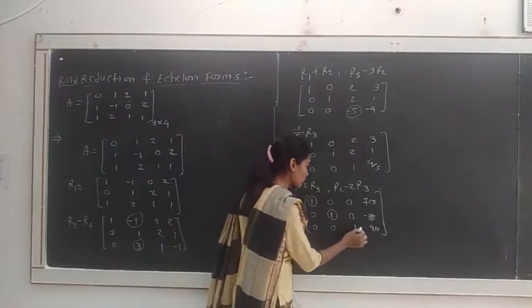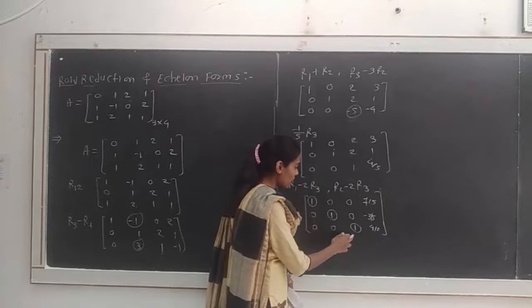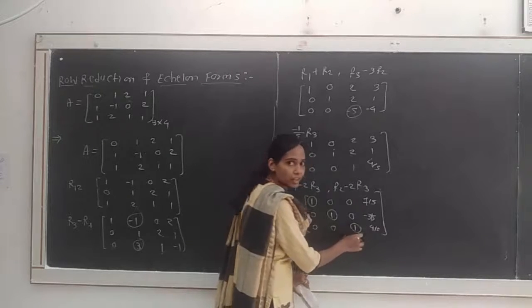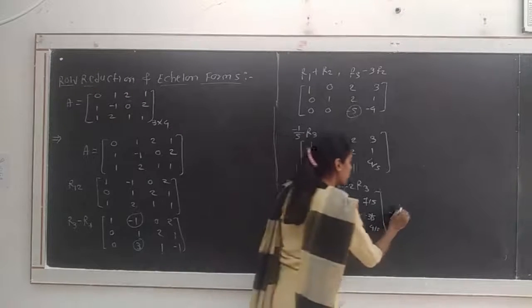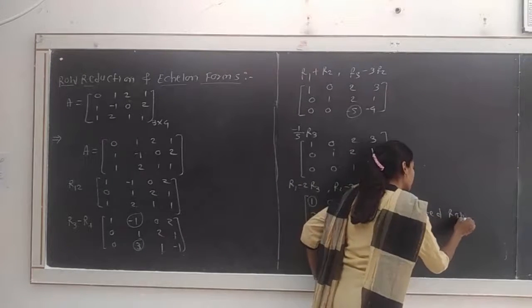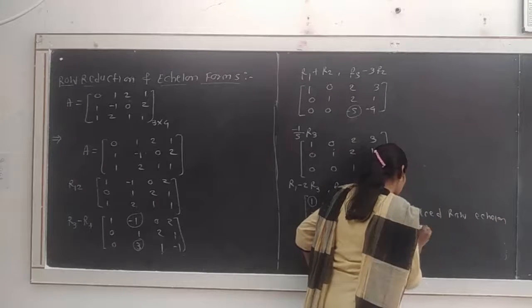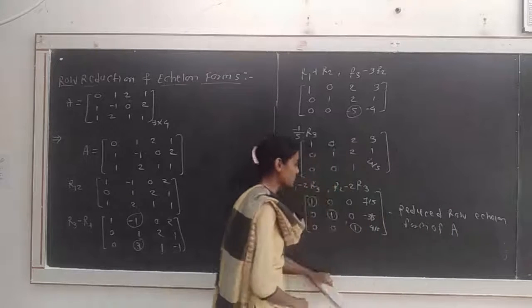Again, in the third row the leading entry is at the third position, so we make it 1, and the entries above it are 0. This is the reduced row echelon form of the matrix A.